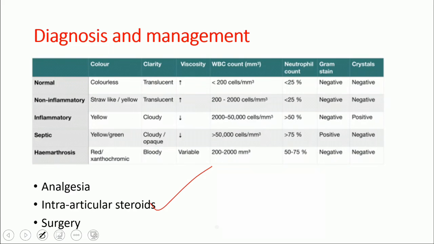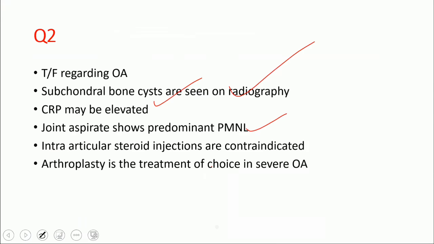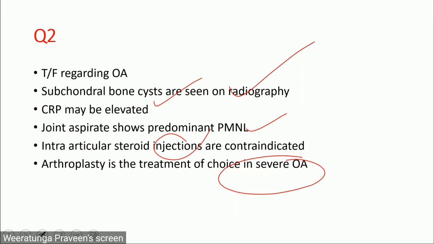And of course, patients who have very severe osteoarthritis will need joint replacement. Arthroplasty is needed in severe, deforming osteoarthritis, where people can't even walk or mobilize. The statement that intra-articular steroid is contraindicated is false, as it is used in the management. Okay. Any questions about this one? Question number 2.